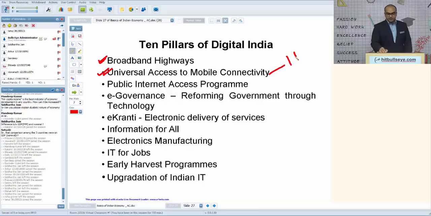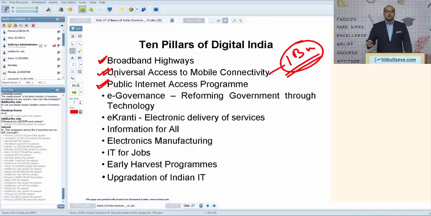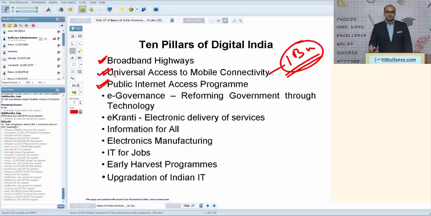As per the recent data by TRAI, India already has more than 1 billion mobile users. Public internet access programs, of course, we want to extend the benefits of internet connectivity to all sections of the society.